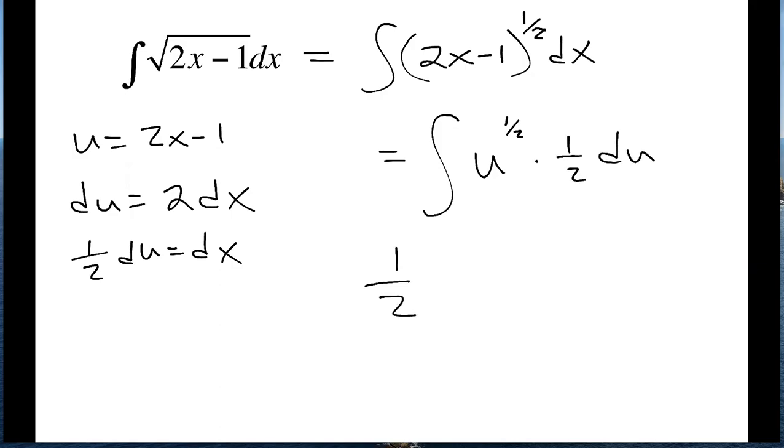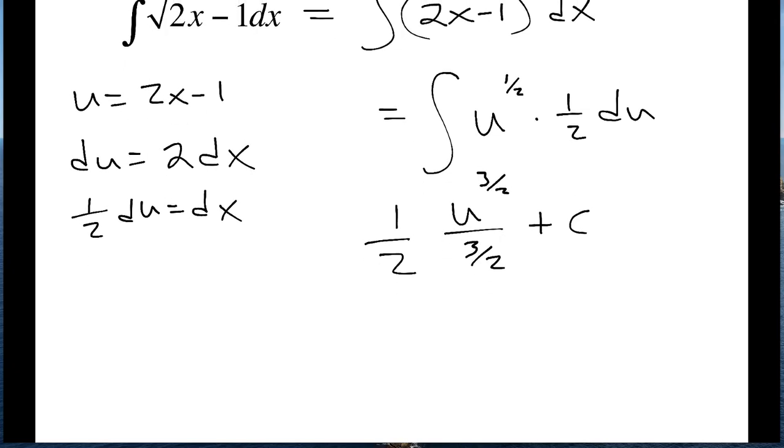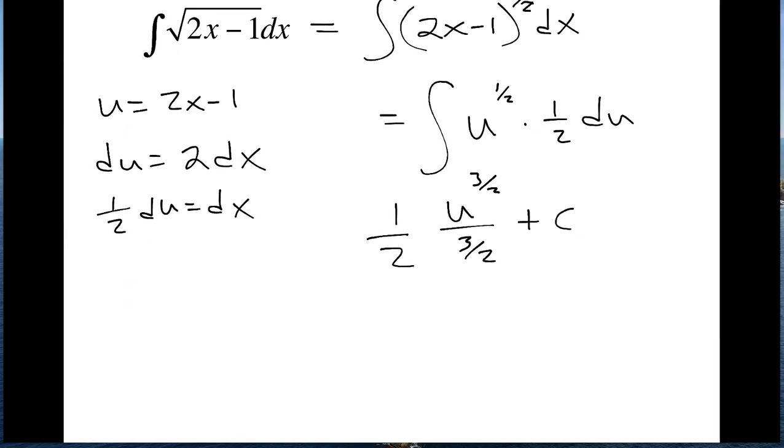So we got that 1/2. This becomes u to the 3/2 divided by 3/2 because we add 1 to the power plus c. Now if I do a little simplification and I plug u back in, I might get 1/3 2x minus 1 to the 3/2 plus c.